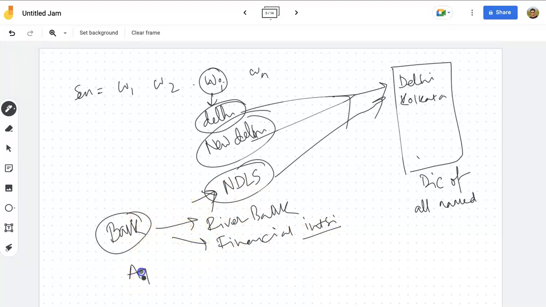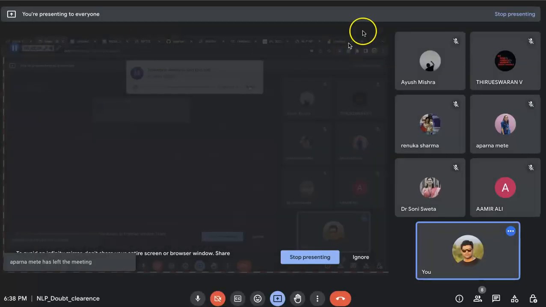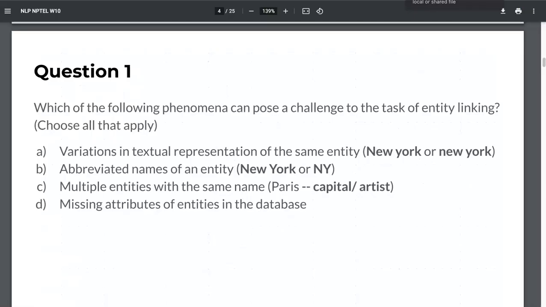Similarly, suppose the word apple. Without any context, this can be a fruit, or it can be a mobile company. So these are the problems you can face. If a word has multiple meanings in different contexts, then it will be difficult for you to map. So these are the things.